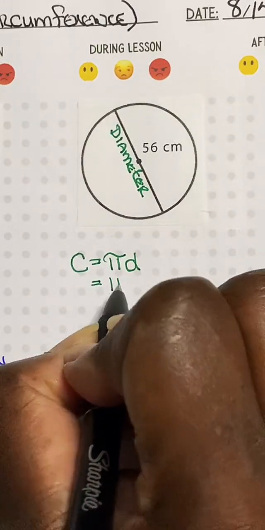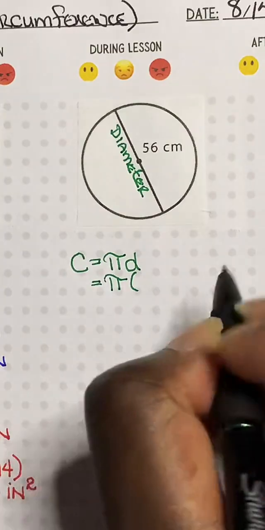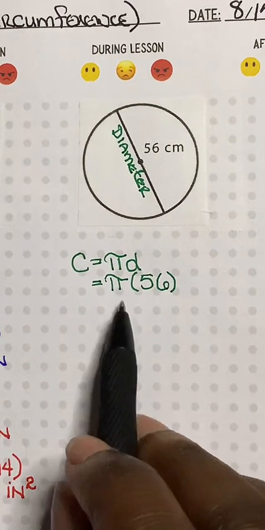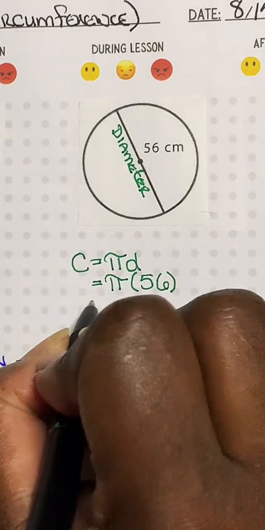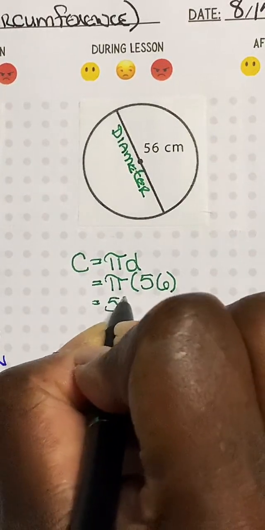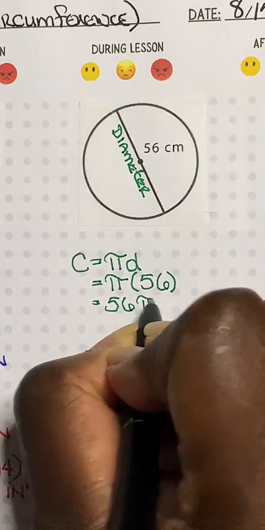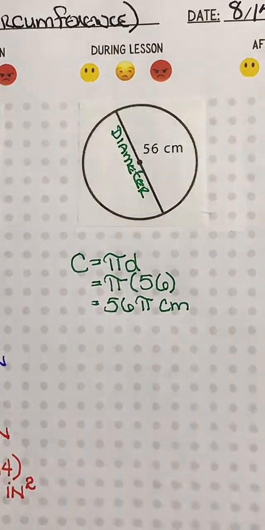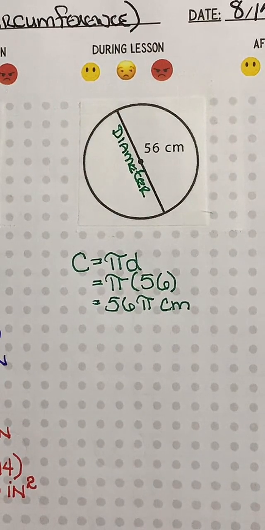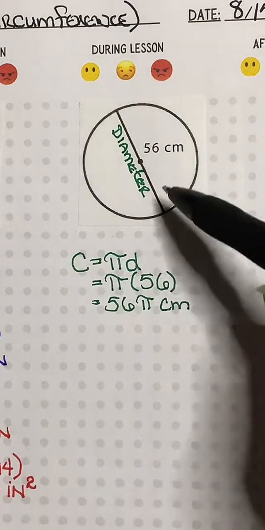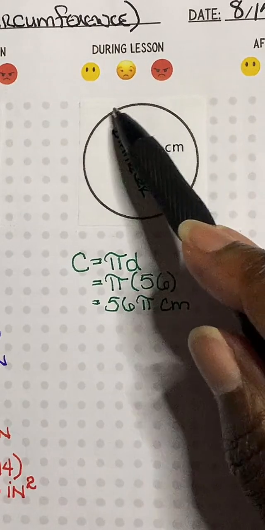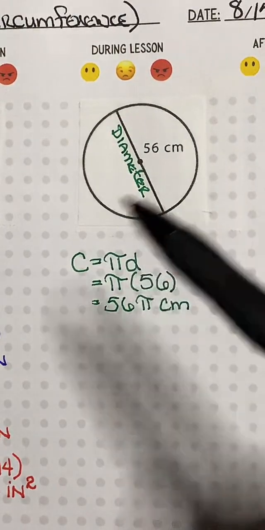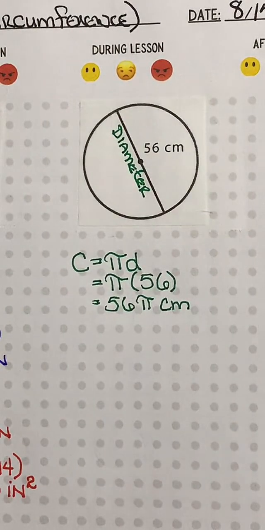So all I have to do if they ask for the exact is just have my 56 multiplied by my pi. So that gives me 56 pi, and theirs is going to be centimeters. Not centimeters squared, just centimeters, because you're not looking at how to fill this circle, you're looking at the brim of the circle, right on its edges.